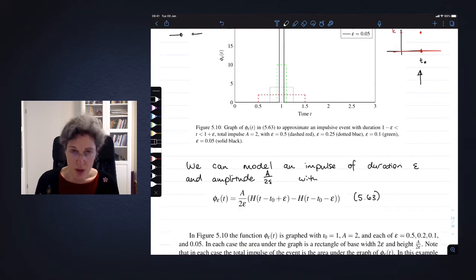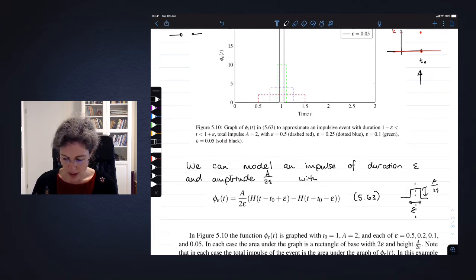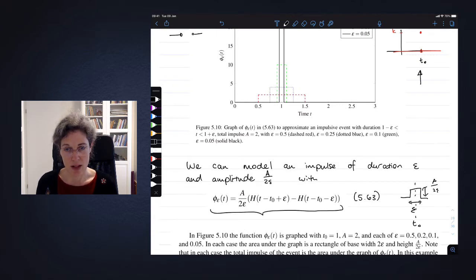So if you want to use Heaviside functions to model something shaped like that, where the width of this is epsilon and the height is a over 2 epsilon, and it's positioned at point t0, then you can check, using what we did earlier, that this would be the function definition using the Heaviside function.